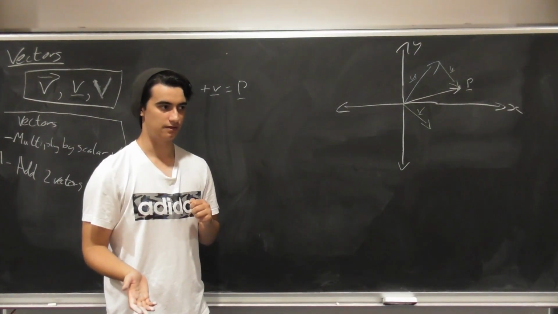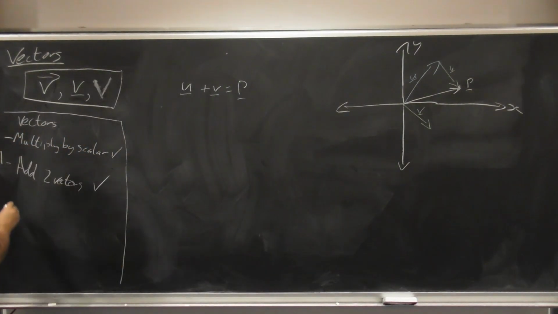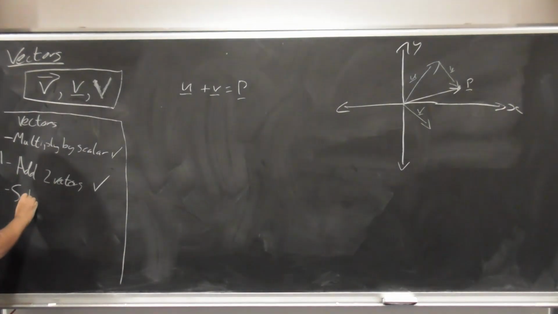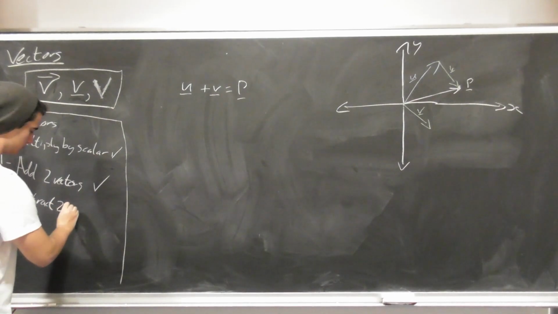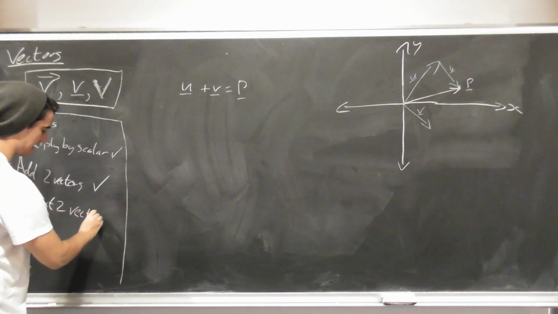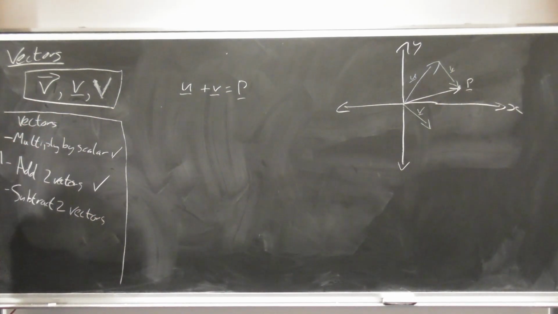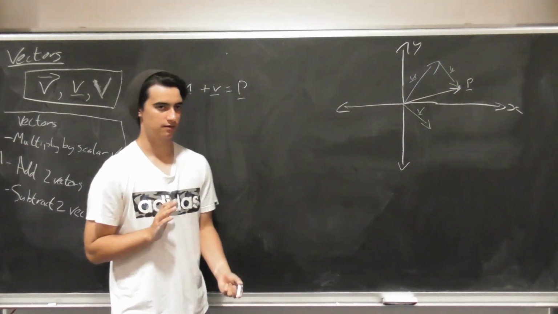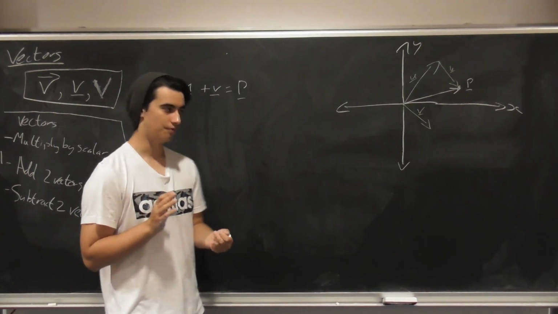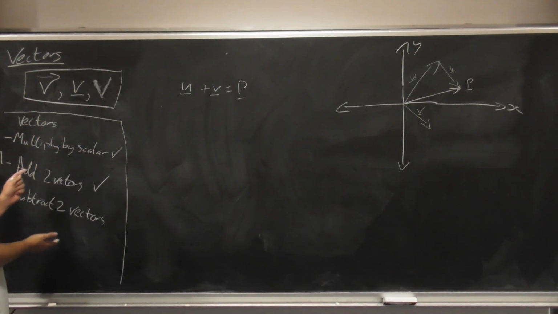The idea then is, can we subtract two vectors? So can we have a vector u and then subtract a vector v from it? Well, we can. And the way that we do that is by combining the two that we've already done.